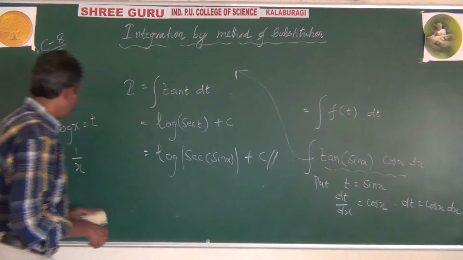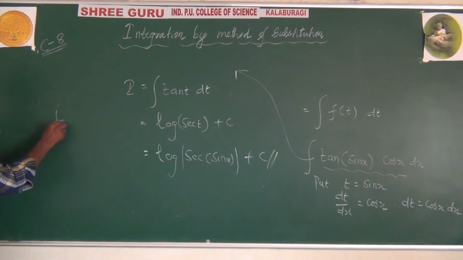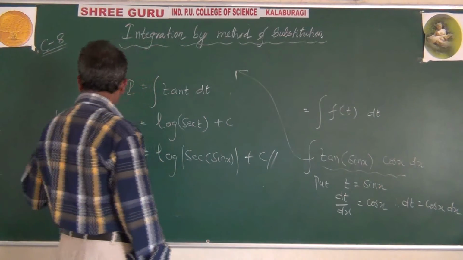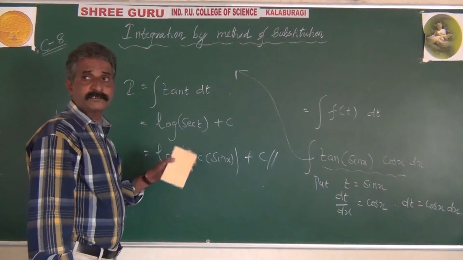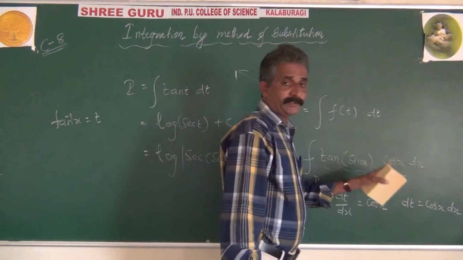Think that in that problem, you put tan inverse of x equal to t. No use at all, because there is no such arrangement. When we differentiate tan inverse x, the answer is 1 by 1 plus x square, which is not present here.